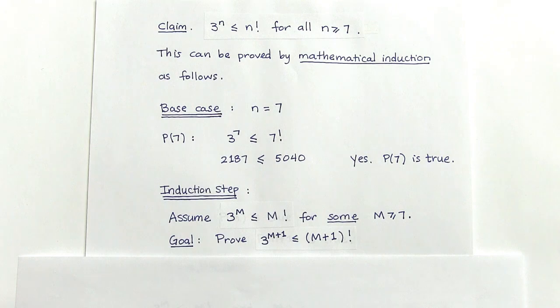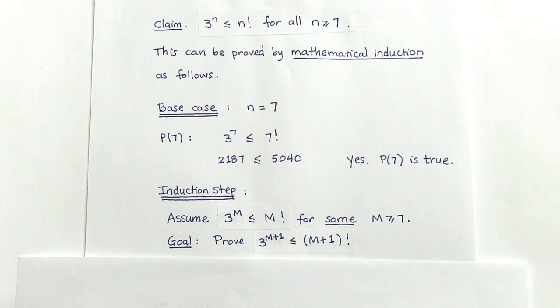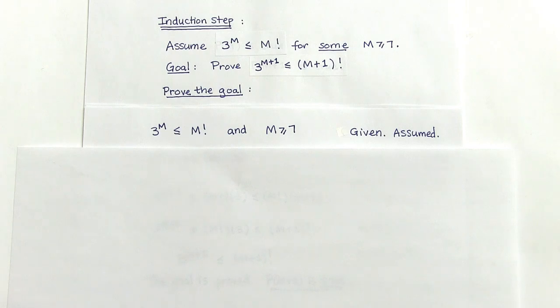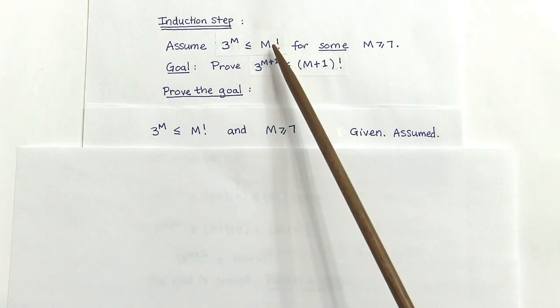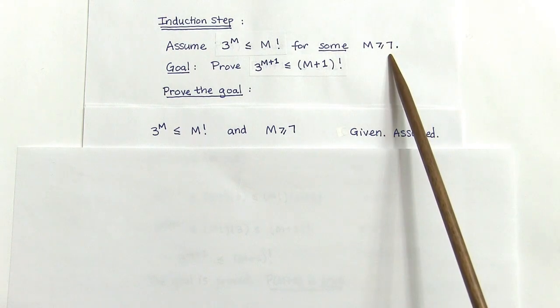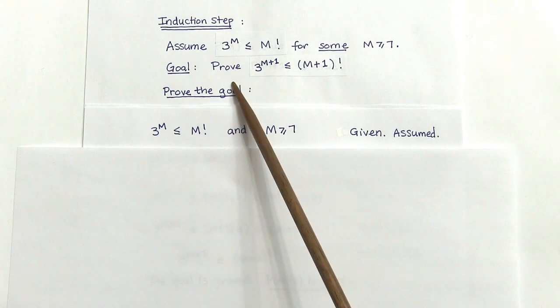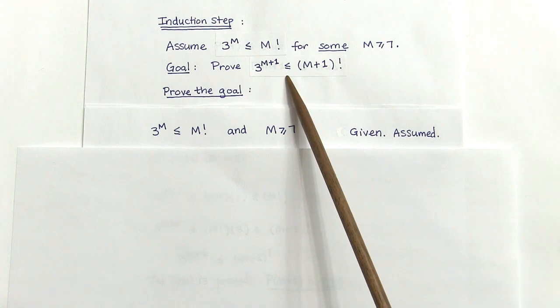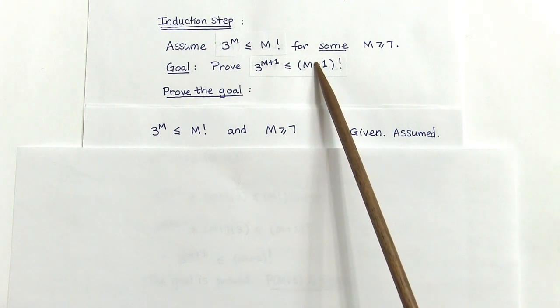It's sometimes useful to look at it with numbers first, before we try to work it out with symbols. So let me give you a for instance. So we're focusing in on this induction step. We're assuming that 3 to the m is less than or equal to m factorial for some m bigger than or equal to 7, and our goal is to prove that the predicate is true for the next value, m plus 1.